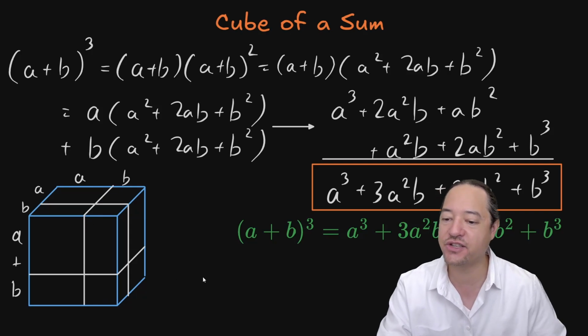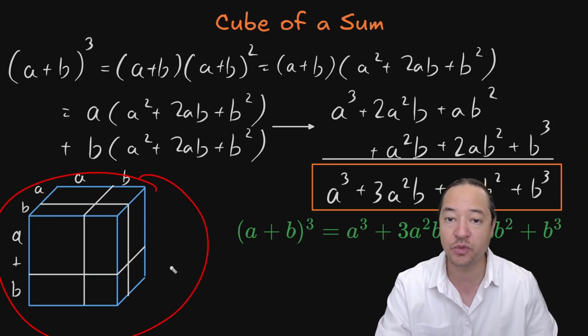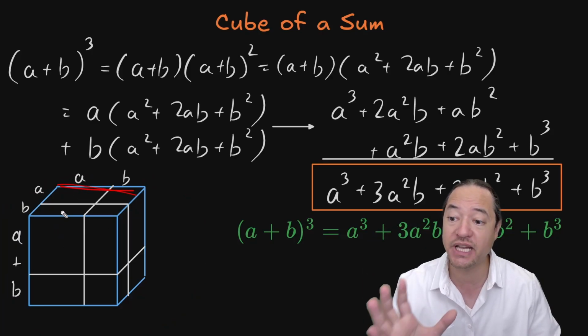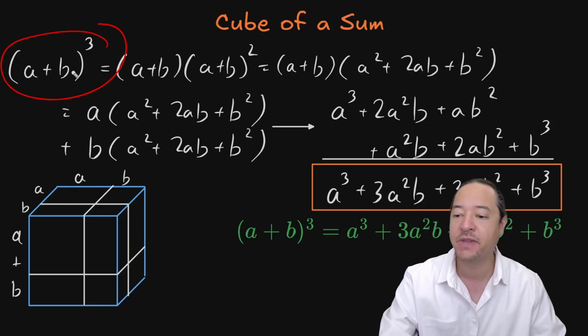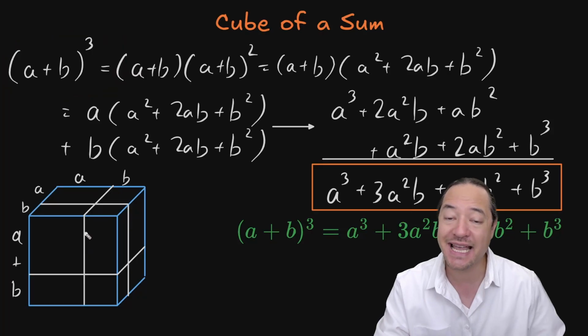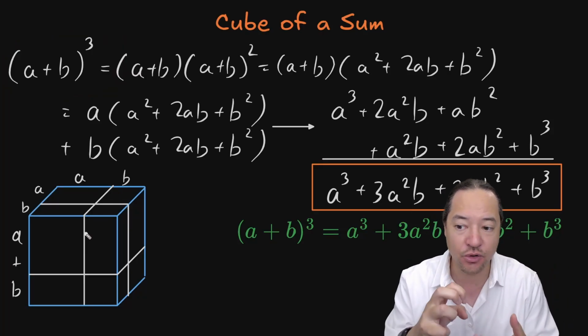Something like that. Okay, so what we're going to see is you've taken this single large cube, and this single large cube will have a volume of, well, each side is length a plus b, so the volume of the cube will be a plus b cubed. This is the volume of the cube. And if you notice, this single large cube is actually going to be divided into many sections, each with its own volume.